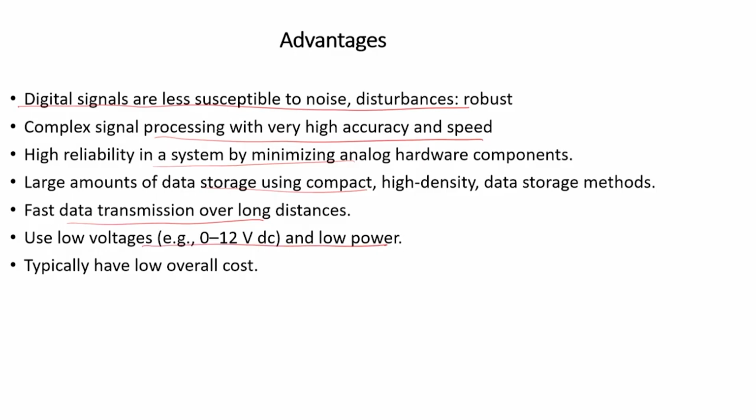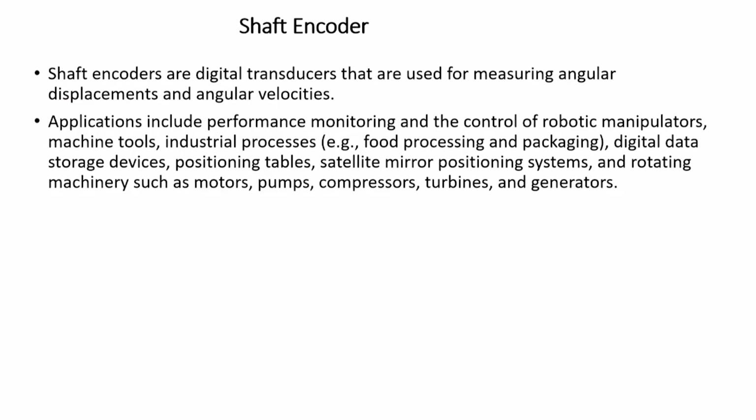cost system. Now, since these digital systems are so good, we can also see another particular application of this digital sensor, which is in the form of encoders. So, this is also known as shaft encoder, and these are digital transducers which are used for measuring angular displacement and angular velocities.